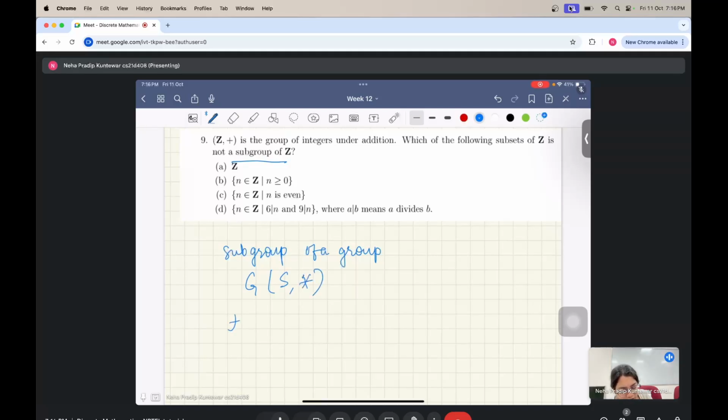Then I say that H is a subgroup of G, denoted H is a subgroup of G, if, maybe I'll just call this G star, if H over the same operation is a group.